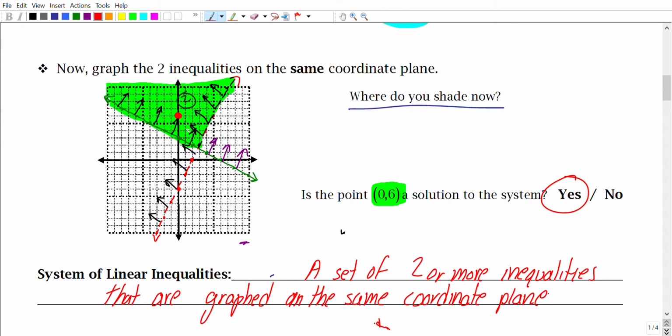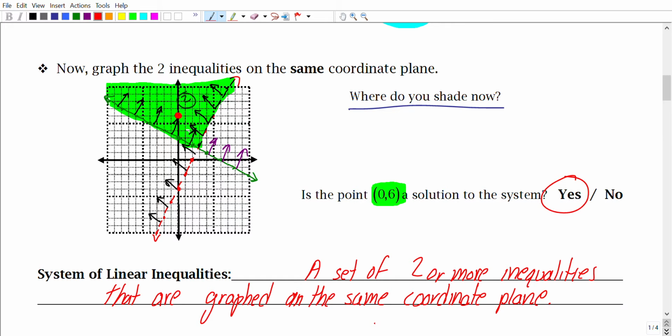For the most part, we're going to be dealing with just a set of 2 inequalities, but you can have more in whatever kind of system that you come up with. But for now, we're only going to deal with a set of 2 inequalities. So that's all it is. A set of 2 or more inequalities that are graphed on the same coordinate plane.